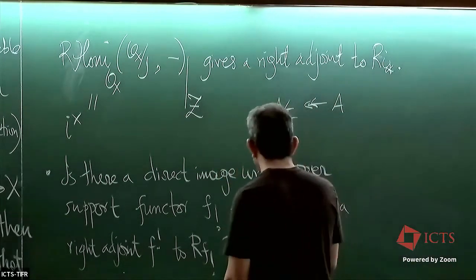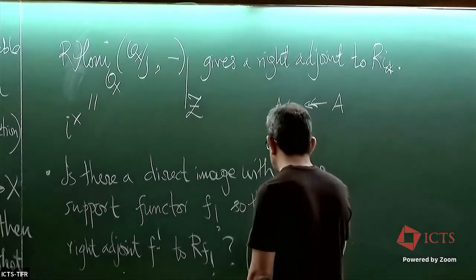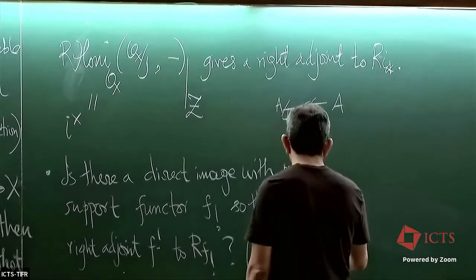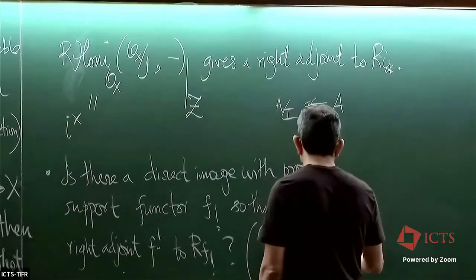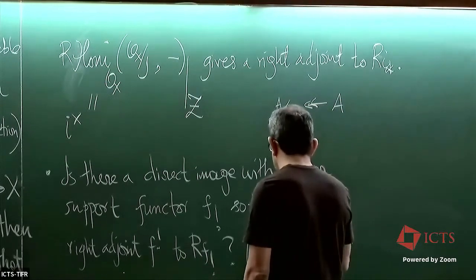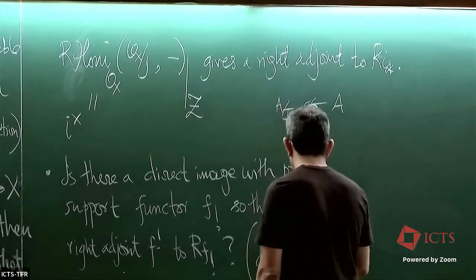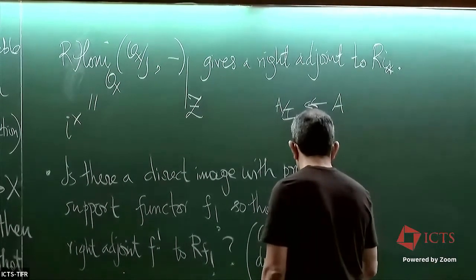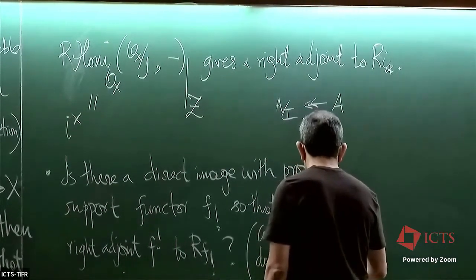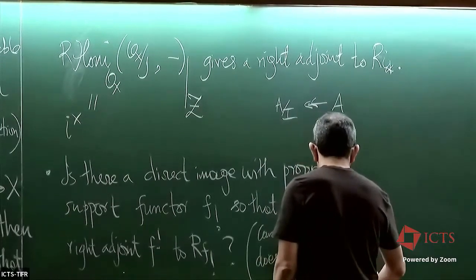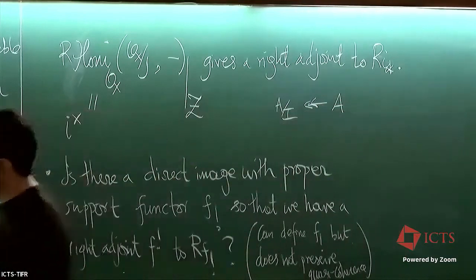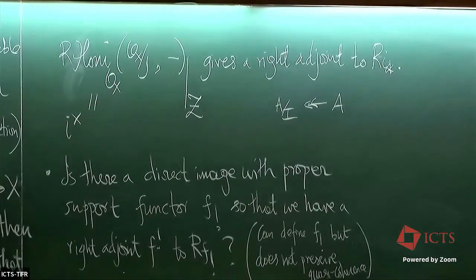I won't go into this, but you can define it, but it does not preserve quasi-coherence. Even for an open immersion, you can check this, it does not preserve quasi-coherence. So we are forced to put these conditions, and I don't see how to simplify it further.